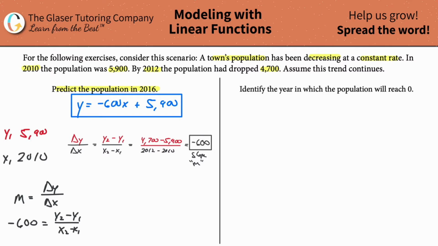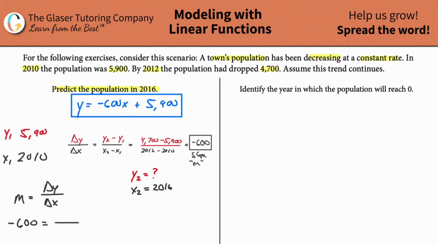So what are your 2 points now? Assume you're starting with this. Okay, you could have started at 2012, by the way. It doesn't matter. But assume you're going to start with these values. And now what we're going to do is end with a y2 value of, hey, wait a minute, I don't know. That's what I'm trying to predict. I'm trying to predict the population. But the year should be 2016. So all you now have to do is plug these values into this equation.